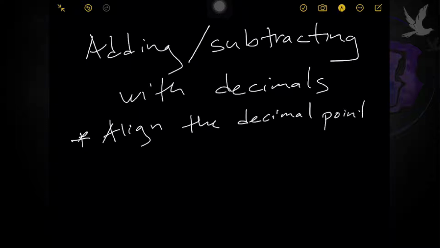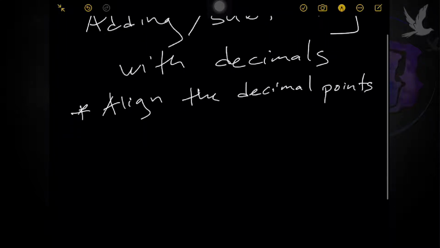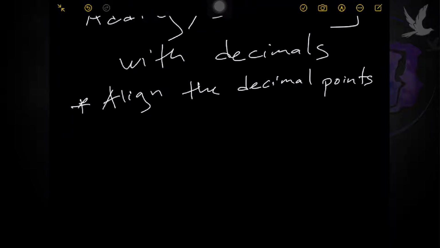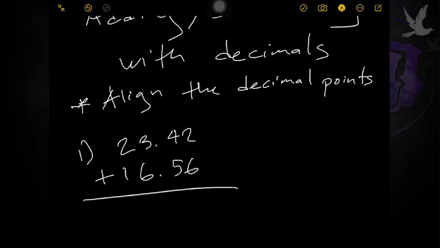points. Okay. So in your books, for example, number 1, it's already there: 23.42 plus 16.56. So basically the book already provided you the necessary things, or the book did the work for you. All you need to do here is just add.